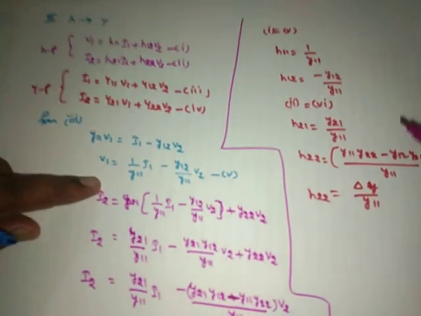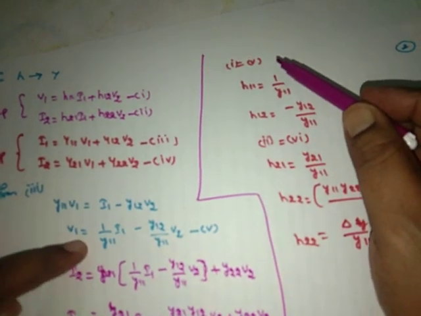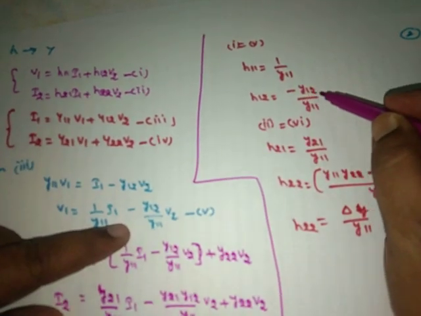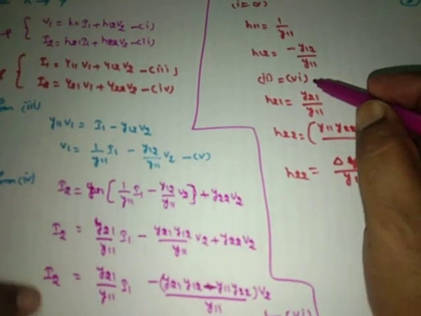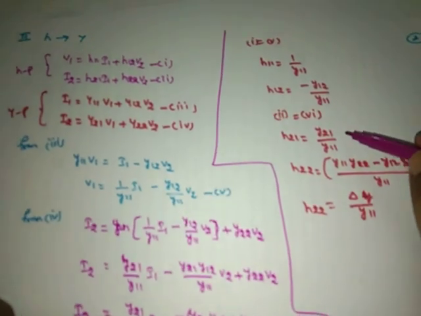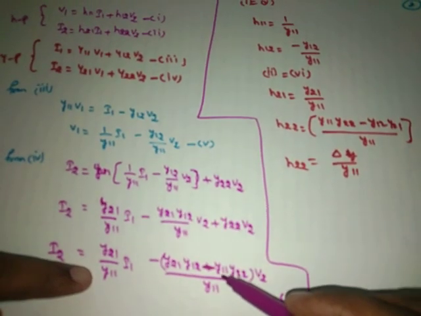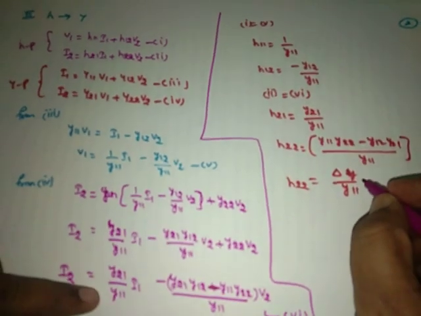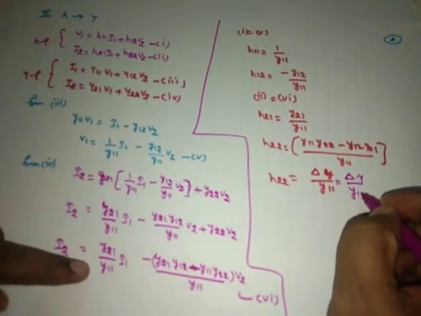Okay, here h11 is equal to 1 is equal to 5, h11 is equal to 1 by y11, h12 is equal to minus y12 by y11. Similarly 2 equal to 6, this is I2, and h21 is equal to y21 by y11, and this one h22 is equal to determinant of y matrix by y11.